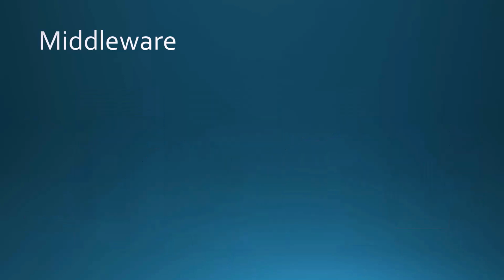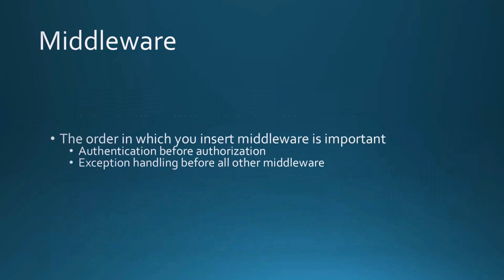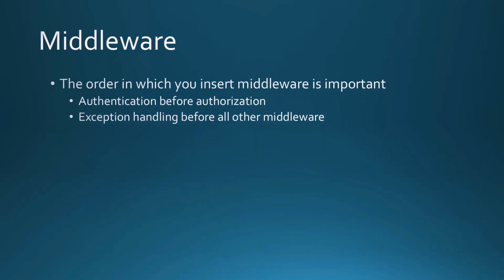What's important when dealing with middleware is that the order in which you insert the middleware into that pipeline is important. For example, authentication must take place before authorization. Somebody has to log in before they know what they're allowed to do. Exception handling should come before all other middleware because the other middleware may have an exception that happens.